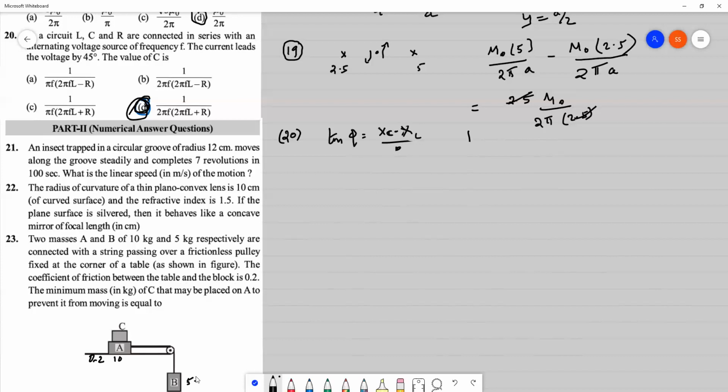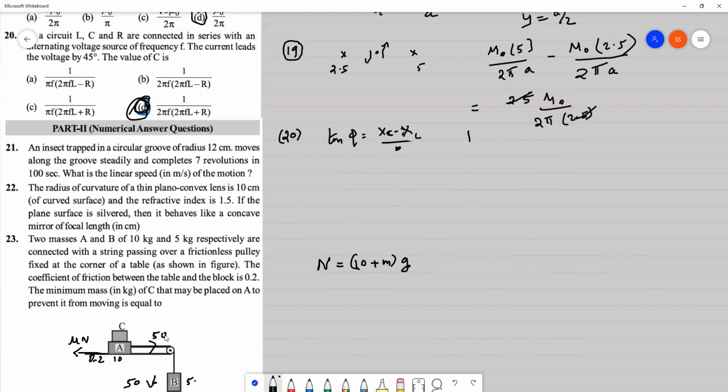So what will be the force here? This force should be equal to 50 Newton, 5g. And if we consider that the maximum friction force is acting on this one, it should be equal to mu N. Here N should be equal to the mass of A, which is 10 kg, plus that unknown mass, into g.